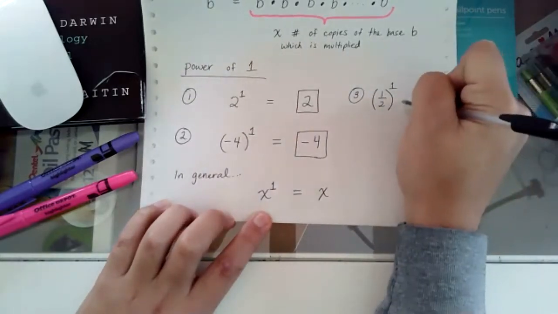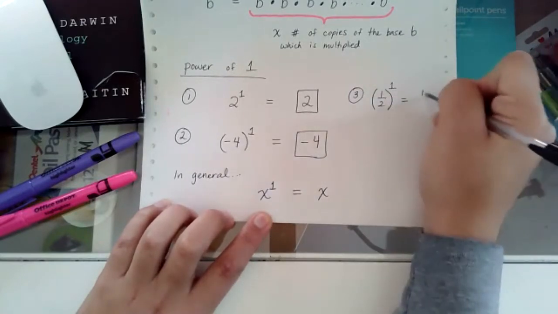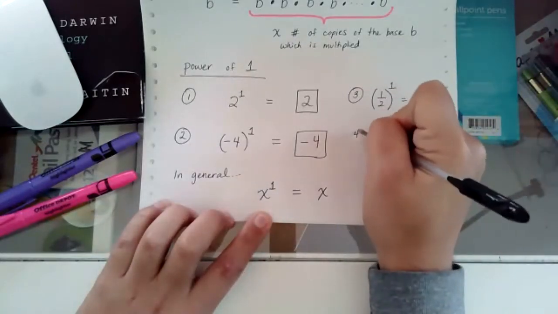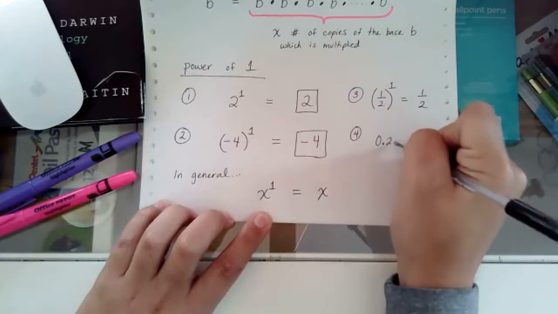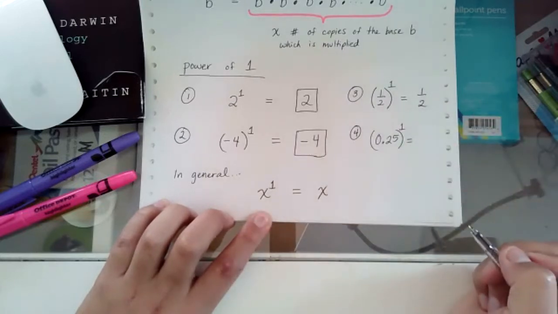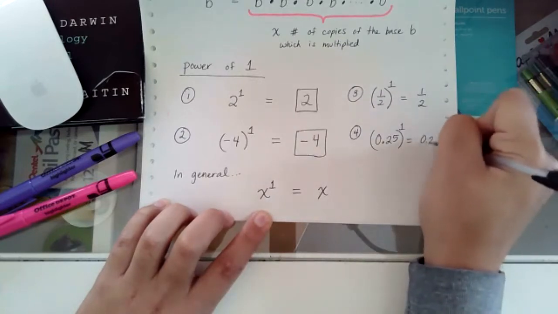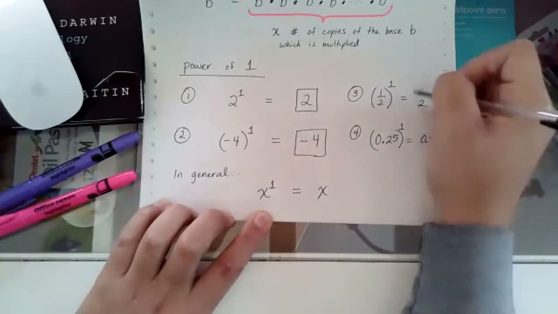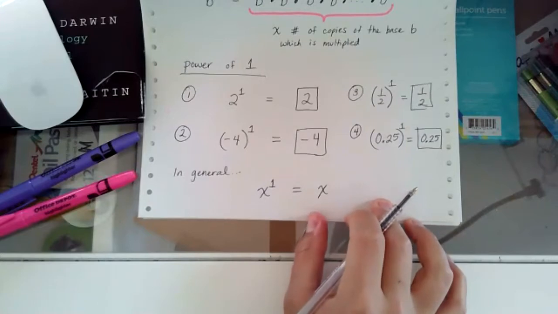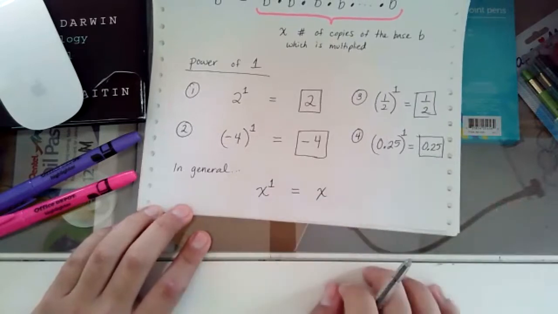What should that be? 1/2? Yeah, just 1/2, because we're just writing a single copy of whatever that is. Another example, maybe 0.25, right? This works for decimals as well, raised to the 1 power. What should that be? 0.25. Yeah, 0.25. Not too scary, right? It seems pretty intuitive that x to the 1 power is equal to x, right?